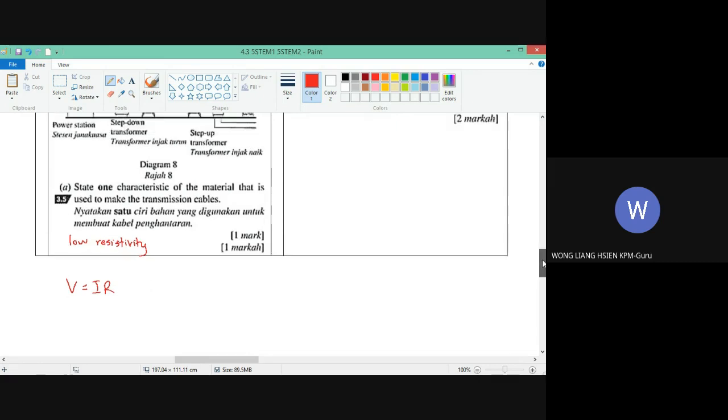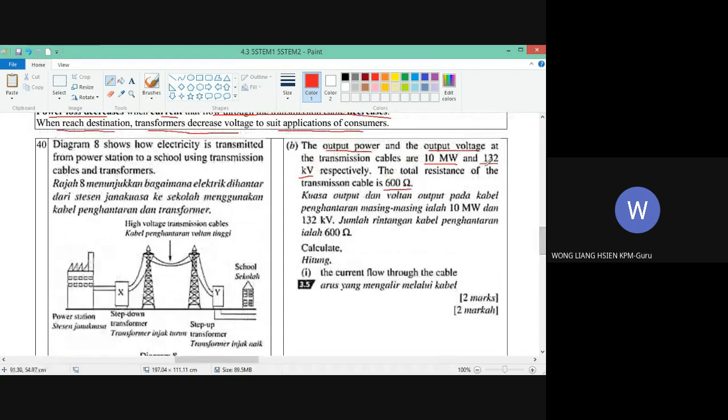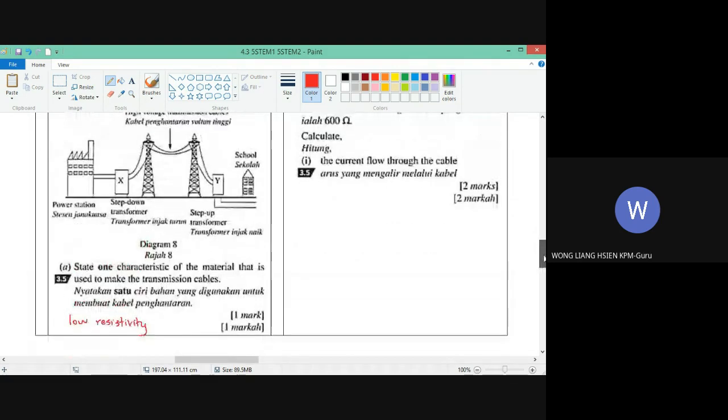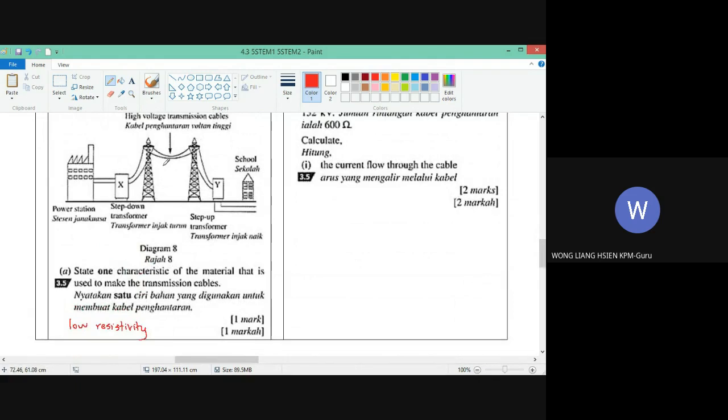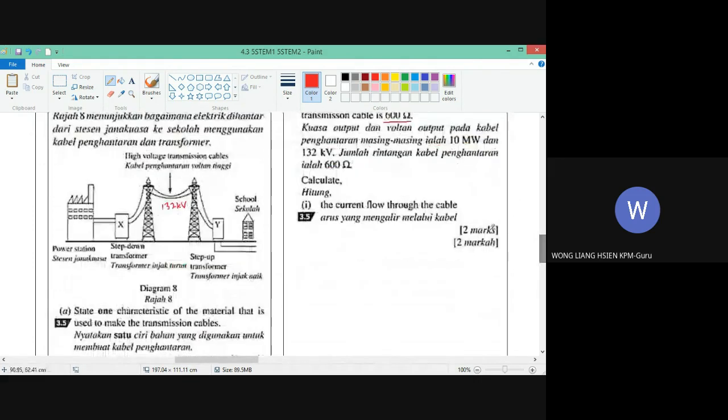The information given is voltage 132 kilovolt, power 10 megawatt, and the resistance of the cable is 600 ohm.